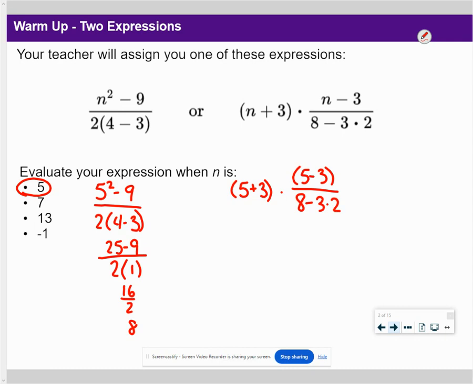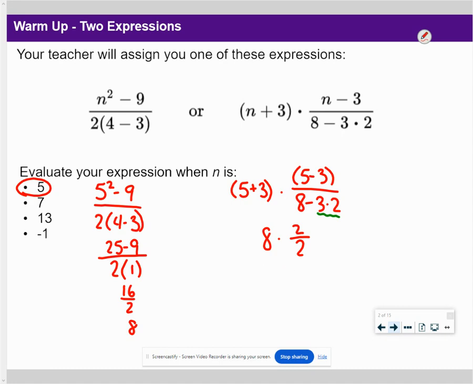We have to make sure that we're following the order of operations. In the first parenthesis, I would have 8. In the second parenthesis, I would have 5 minus 3 is 2. In the denominator, make sure that you are following order of operations. 3 times 2 is going to be 6, so 8 minus 6 is going to be 2. And 2 divided by 2, I'm sorry, I didn't follow order of operations there after I said I had to.